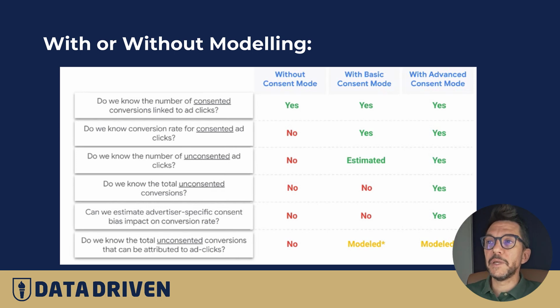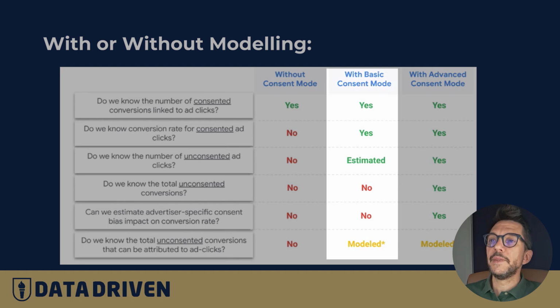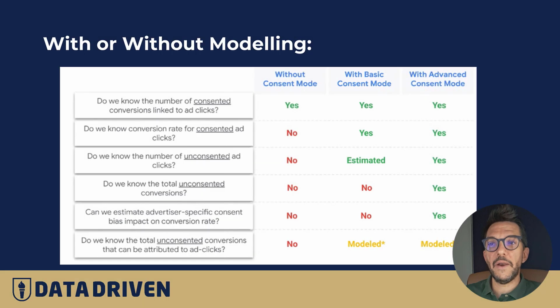Here is what they promise to use with the Google modeling. With basic consent mode, they estimate the number of unconsented ad clicks, because it's important to understand here that with basic consent mode, tracking does not even fire if a user denies consent on the banner.